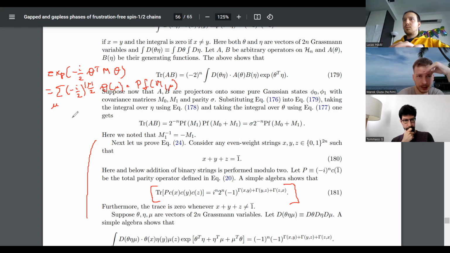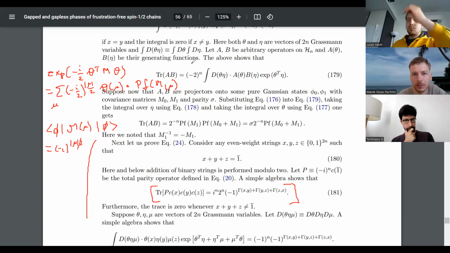Okay, and this is called Wick's theorem. And basically what we want to see is the generalization of Wick's theorem. So if I just have phi and I compute the expectation of M of mu in phi, then this will be minus e to the power mu divided by 2.